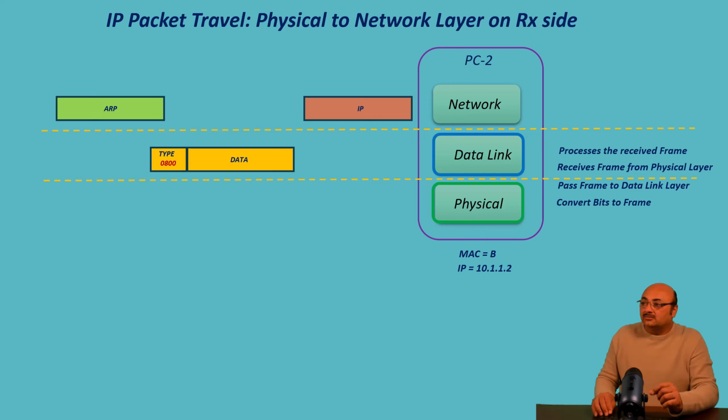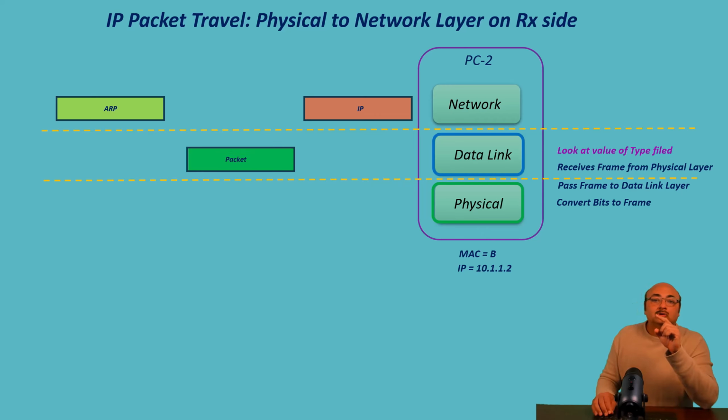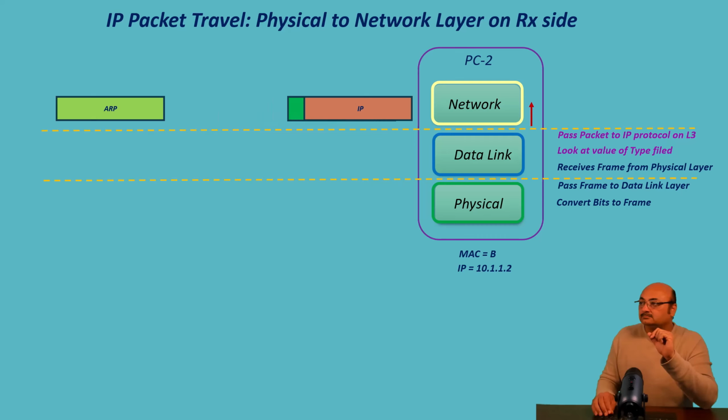Next, it checks the value of the type field, and that gives us a clue that the packet inside the data field belongs to the IP protocol at the network layer, and that is why the packet is passed onto the network layer protocol IP. That is where it receives and processes the packet.